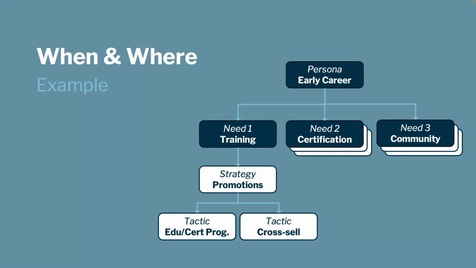And then as the tactic, the hands-on logistics of that strategy, we're going to be feeding them educational and certification programs, as well as cross-selling them on other complementary products that would help them in their training in their early career. So this is just an example of how we go through and map out personas to make sure that personalization is functioning properly. Next.